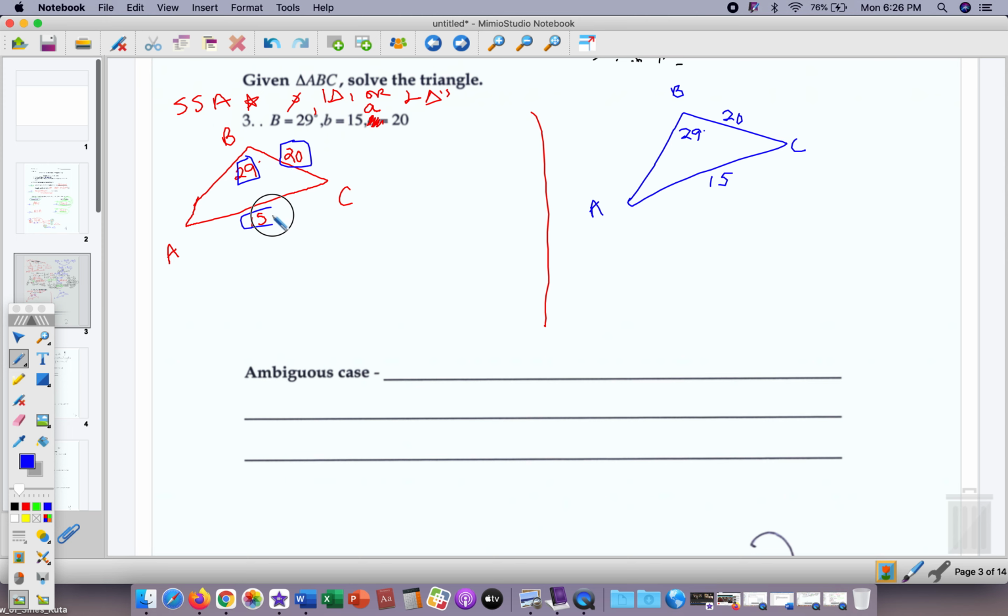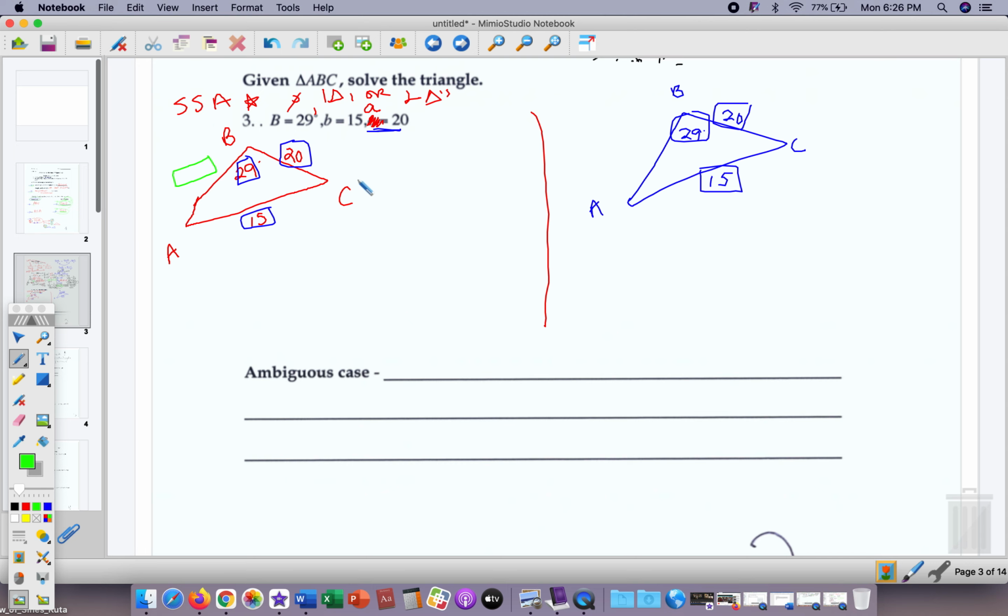So they both have angle B, 29 degrees. They both have little b, side B, to be 15. They're both going to have, now that we said A is 20, they both have A 20. Now, if there are 2 triangles, what will be different are the remaining parts.